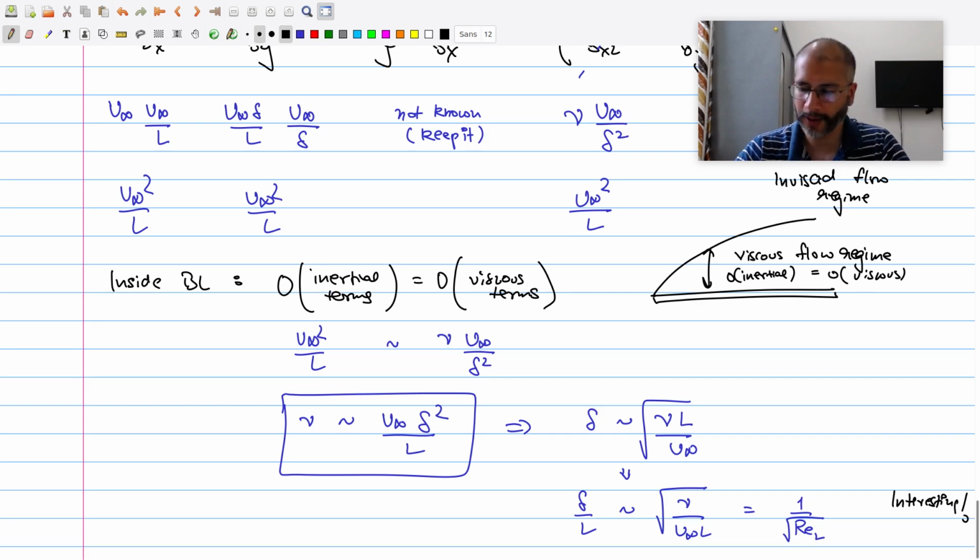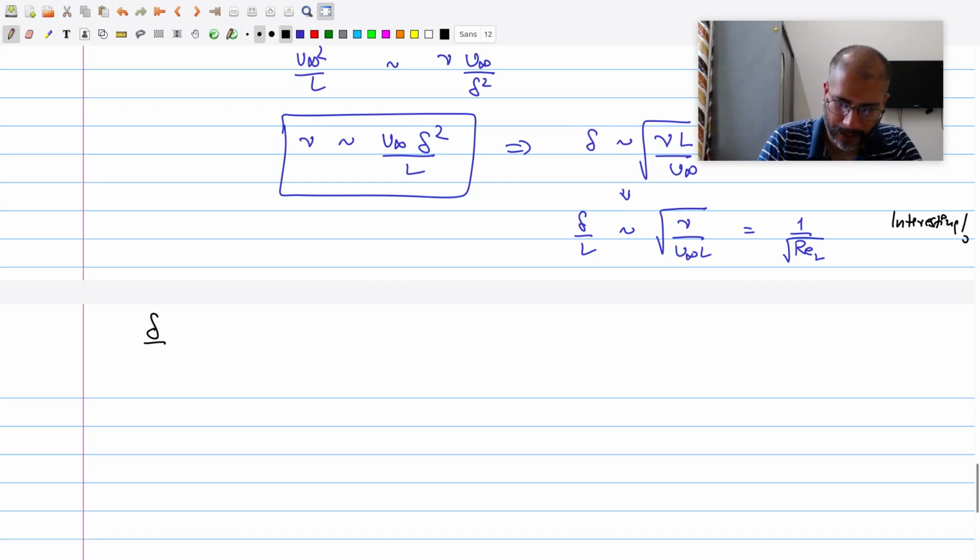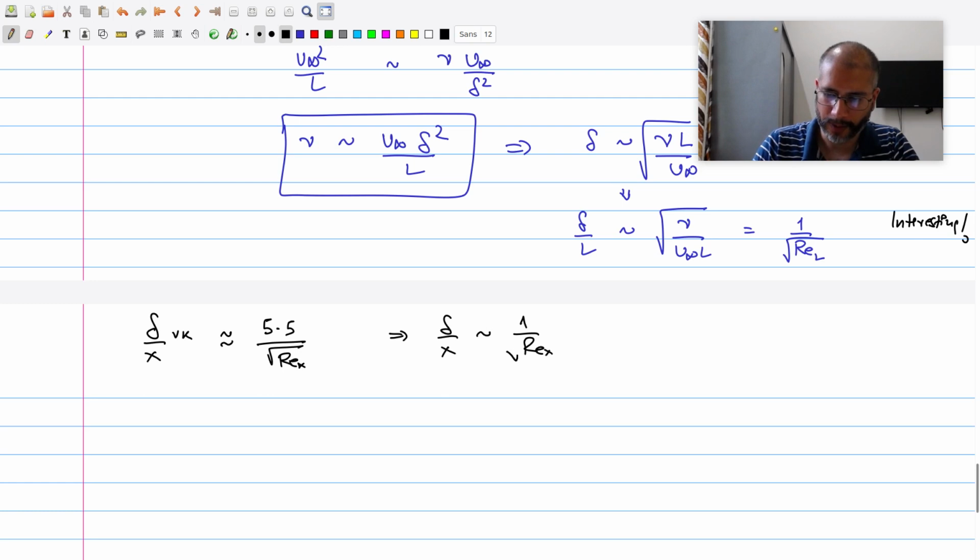And if you remember from the von Karman analysis, delta by x using the von Karman analysis, I'll call it VK, was approximately 5.5 upon square root Reynolds number. So what that is basically saying is that delta upon x goes as 1 upon square root Reynolds number x. And this is without even solving those momentum equations and without assuming any sort of profile.